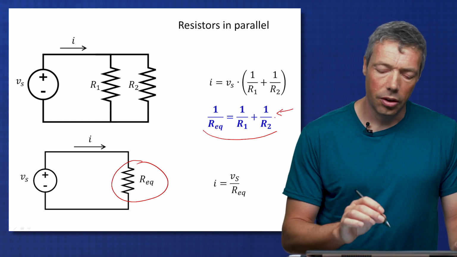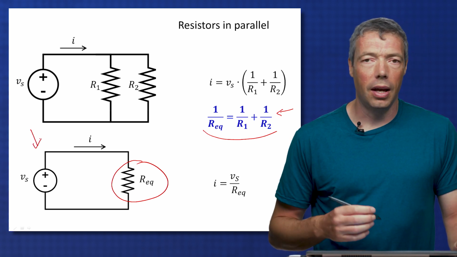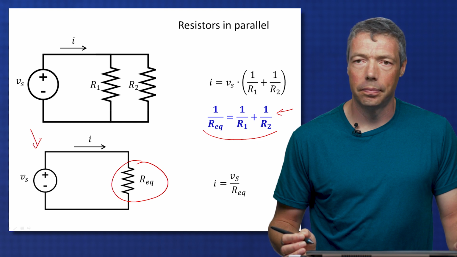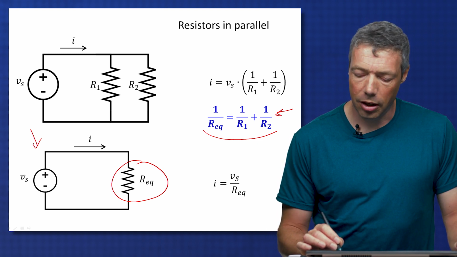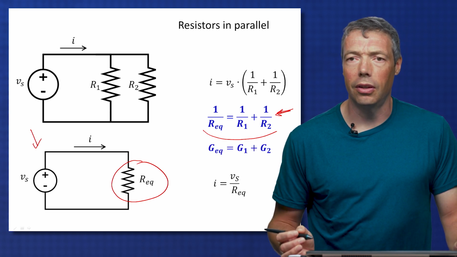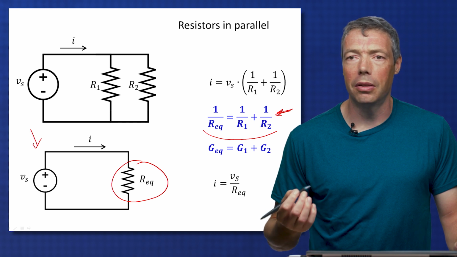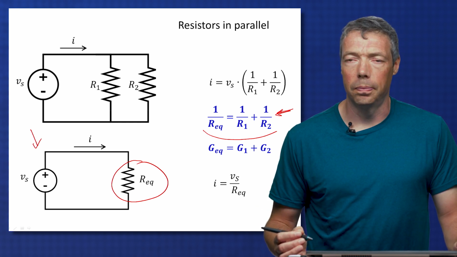So I could simplify the circuit at the top to be the circuit at the bottom, and then just continue my analysis. I can also rewrite this equation here for my R equivalent as a function of impedances, which makes it a little easier. So the equivalent impedance is just the impedance for R1 plus the impedance for R2.